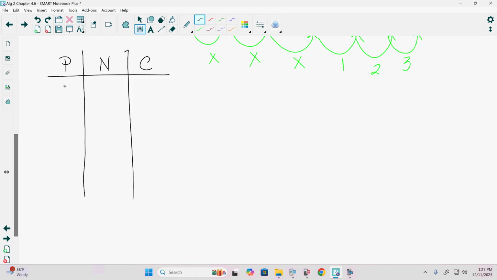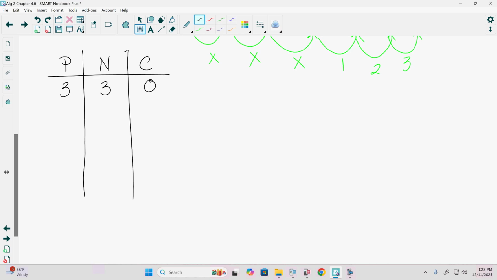Now, how many positives did we say we had at most? 3. And the most negatives we can have is 3, yes? What's the degree of this function? 6. So if I have 3 positives and 3 negatives, am I missing any? No, because they're all there, which means the number of complex solutions we should have is 0.